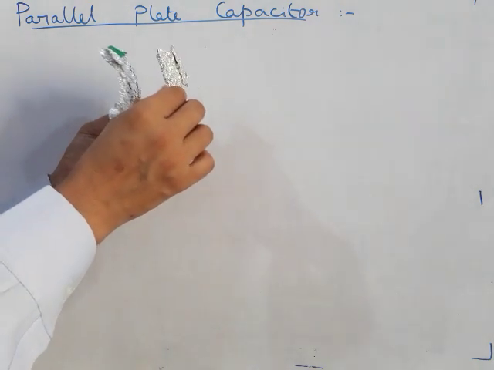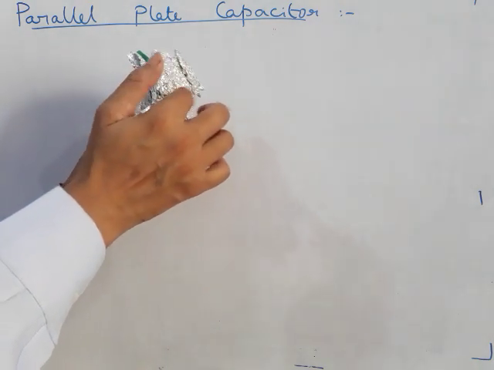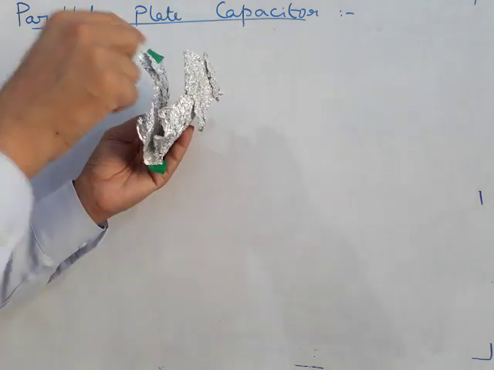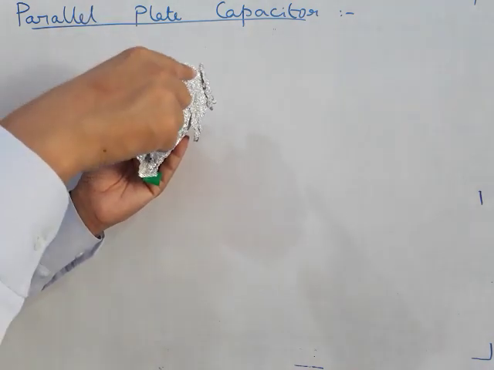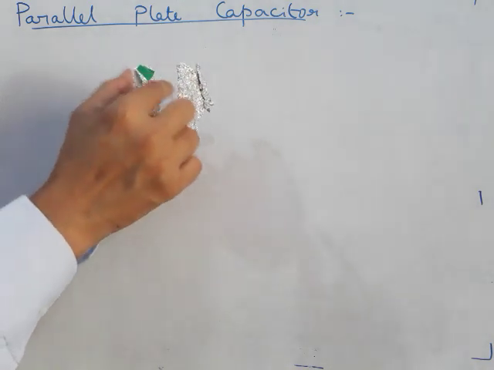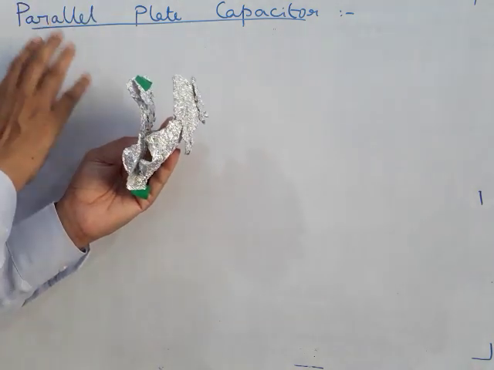Such a pair of metals, if we connect to a battery, then as we have discussed earlier, one of them gets positively charged, the other one gets negatively charged, and they will have some capacitance. In this topic we would like to discuss what is the value of net capacitance for such a parallel plate capacitor.